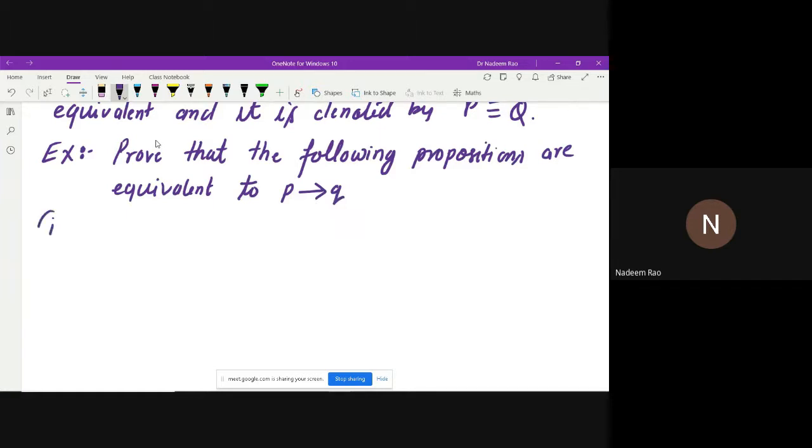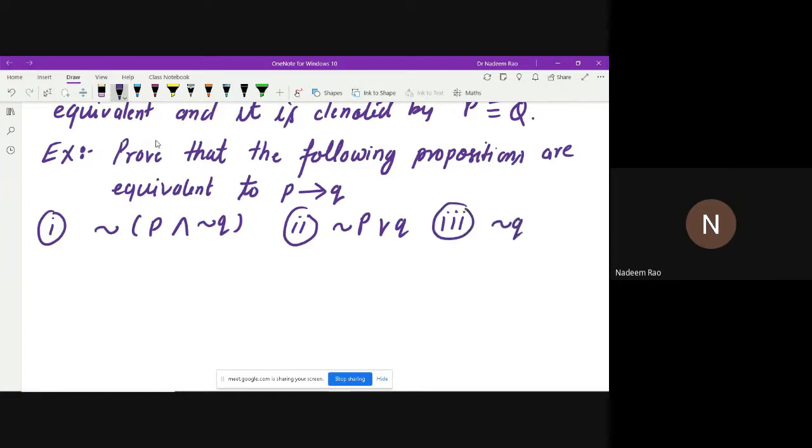Number one, negation of P and negation of Q. The second one, negation of P or Q. And the third one, negation of Q implies negation of P. We need to show that the proposition P implies Q is equivalent to these. It means that the truth tables of all four relations are the same.